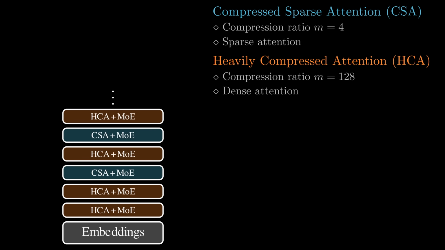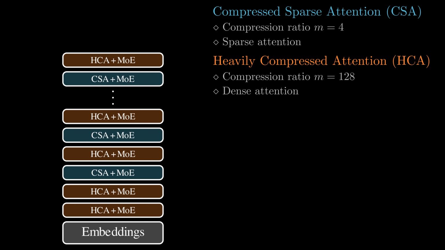This design enables the network to repeatedly switch between forming broad global summaries of the sequence and engaging in focused, high-resolution interactions. By alternating between these two forms of compressed attention, DeepSeek V4 incrementally refines its internal representations, efficiently shuttling information across multiple levels of abstraction without incurring the full quadratic computation at every layer.